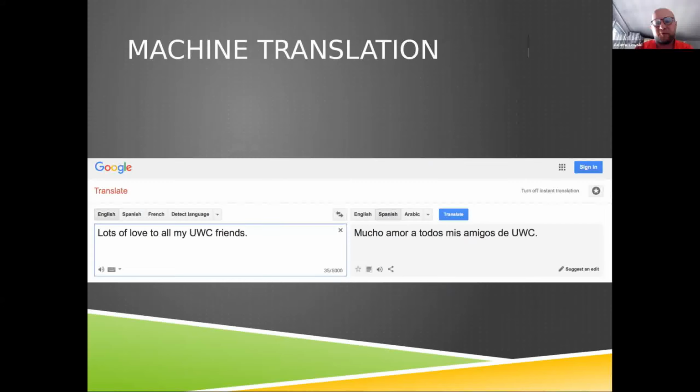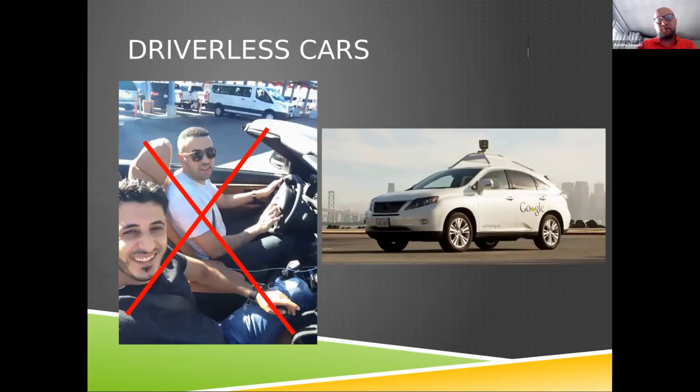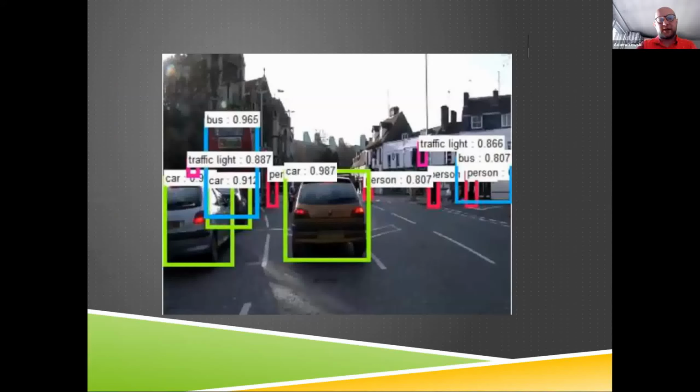But there is also machine translation, which we all use, and the whole area of language processing is hugely impacted by artificial intelligence. This uses recurrent neural networks or transformers these days. And there are the driverless cars I mentioned.